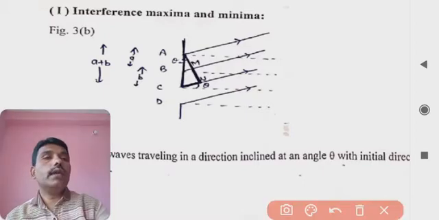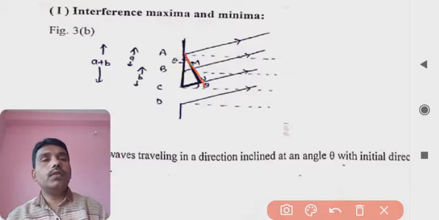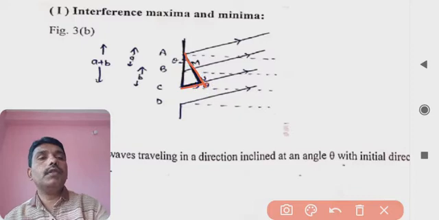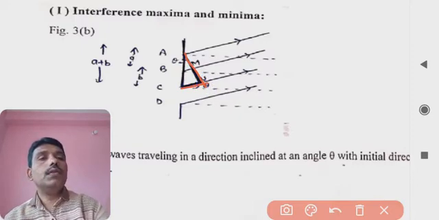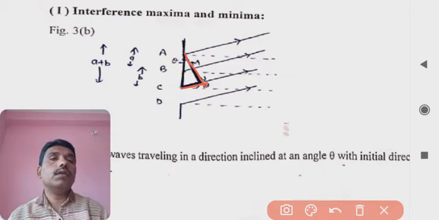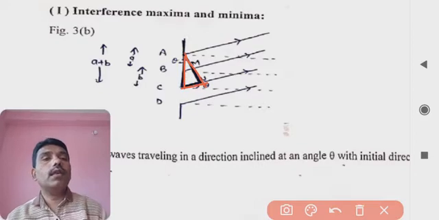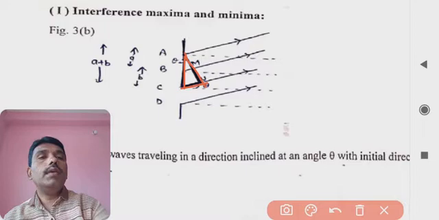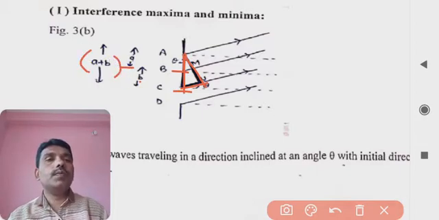Here AN is the normal drawn, and CN is the path difference, and AB and BC are the slit widths. So AB is small a and BC is small b, so the total slit width is small a plus b.